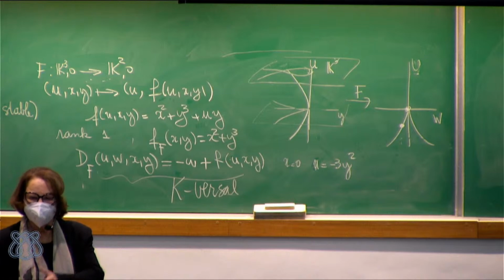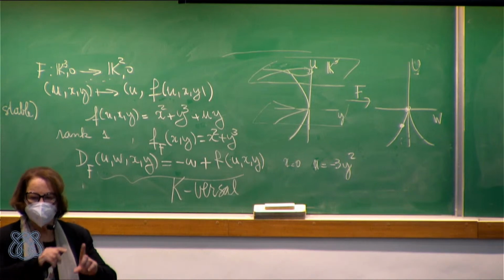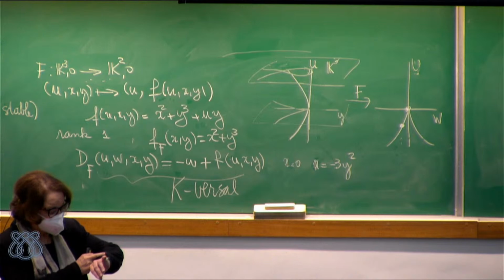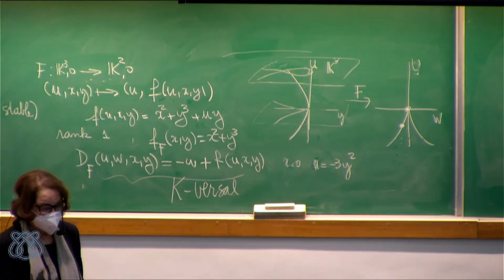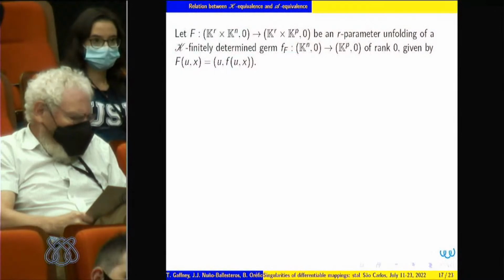So we go back to the question I posed in the beginning of this part: I wanted to look at the correspondence between A orbits and K orbits. Of course, I skipped the proof, but we can discuss it in the exercise session if you want.